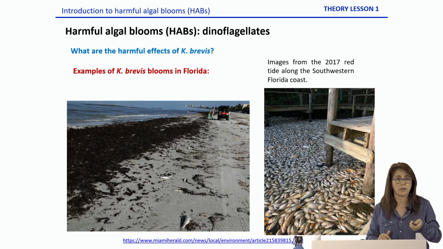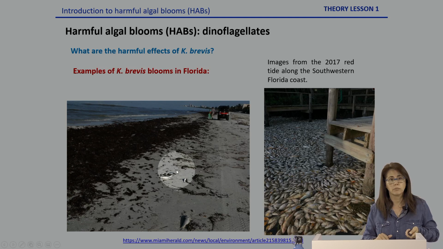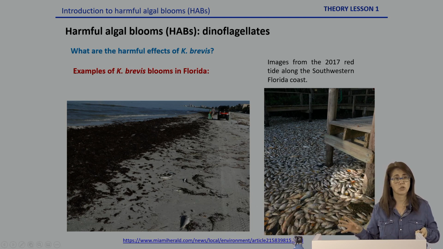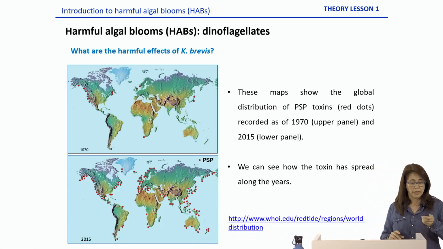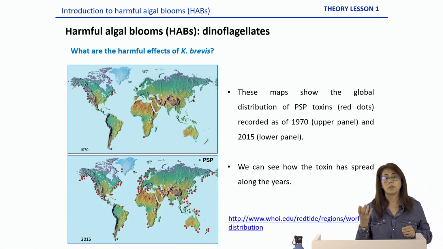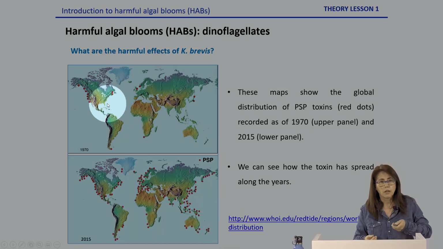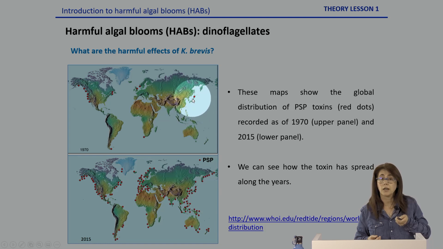These are other images of that bloom between 2017-2018. You can see here dead fish along the coast, and you can see hundreds and hundreds of dead fish in this small harbor here. If we have a look at the maps showing the spatial distribution of this Karenia brevis toxin, I don't know if you can see this red dot here, we can see that in 1970, in the top panel, there were just very few locations that had reported these Karenia brevis blooms.